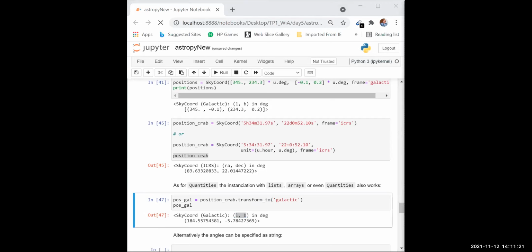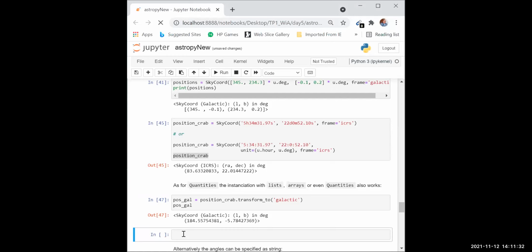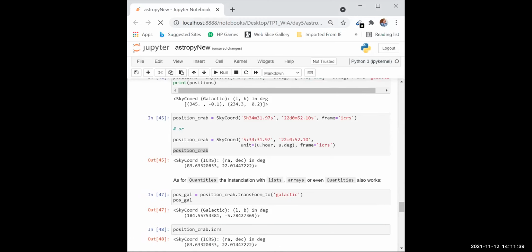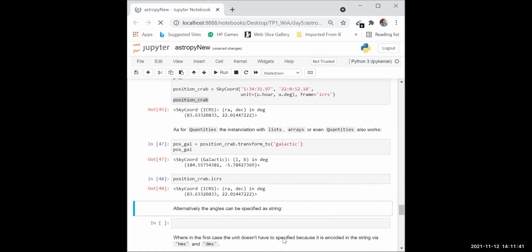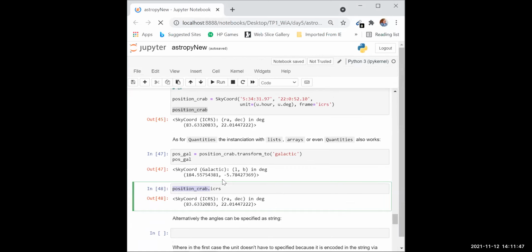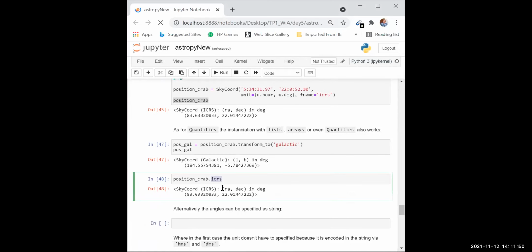There are various ways you can do that by using various inbuilt ones. So alternatively, you can say position_crab in ICRS, or I could say position of crab in longitude.